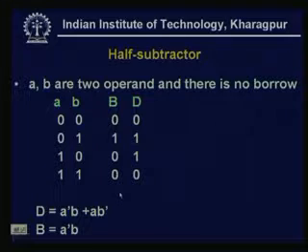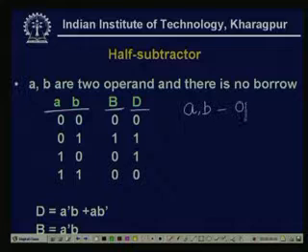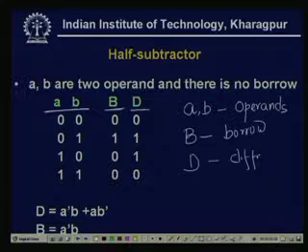So, what we have just read, if I write it in truth table form, A and B are the 2 operands, B is the borrow and D is the difference that we want to compute.